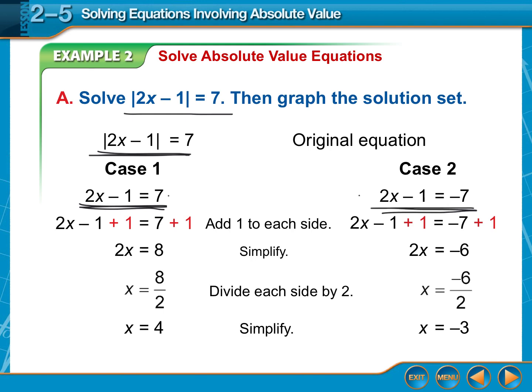The absolute value is gone. What else is different? There's a negative on case 2 and not on case 1. In case 1, it kept what's on the other side of the equal sign the same. Case 2, it did its opposite. So you need the same, and then you need its opposite. Then you solve them just like we've been solving all last week. You're going to have two different x values for your answers.